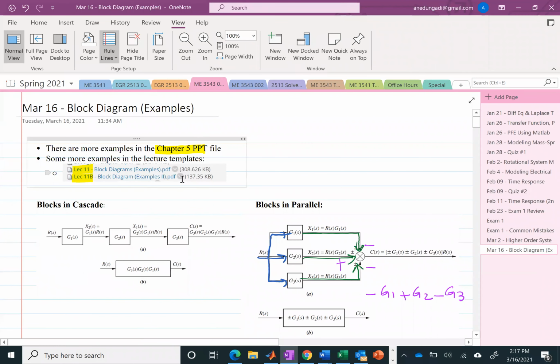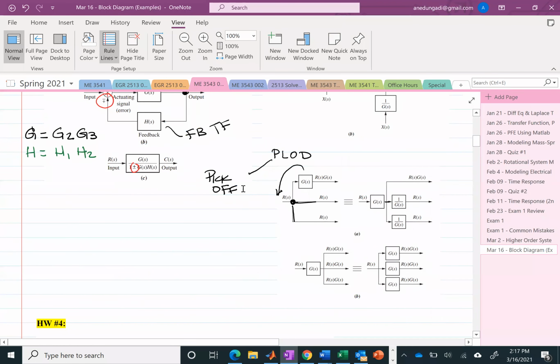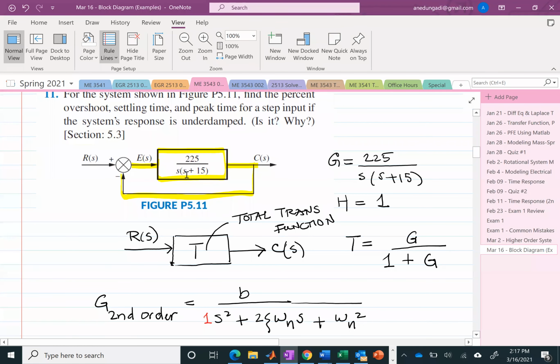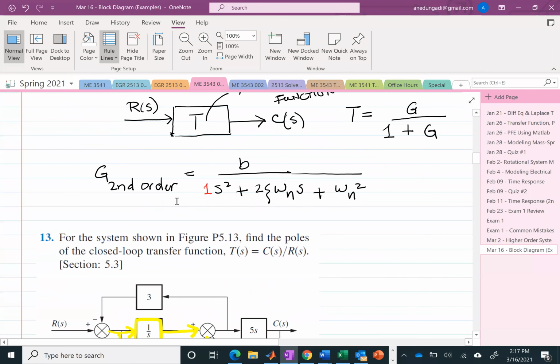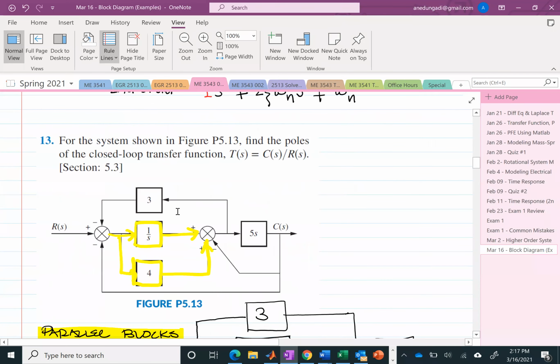And then the book has some more example problems. And then I've gone through some more example problems in the form of the homework over here. So I've just kind of started the homework for you, and hopefully you can complete it, okay?